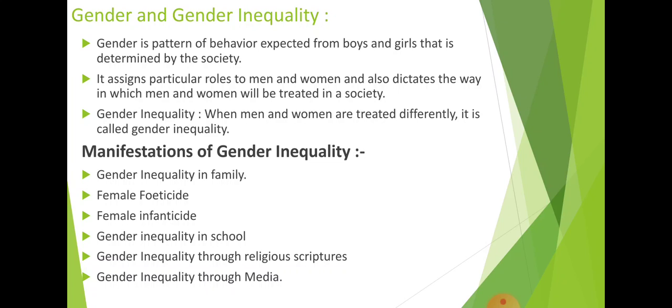They do not want to spend money on them, they basically do not want to waste their money on them, so they kill their child in the womb, or if they come into the world. So this is female foeticide and female infanticide.